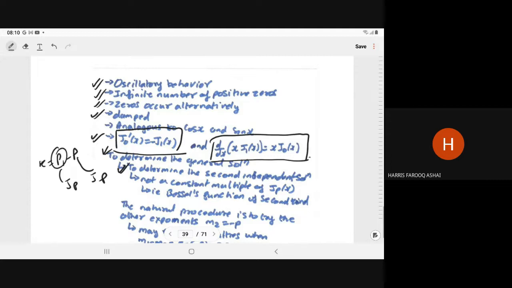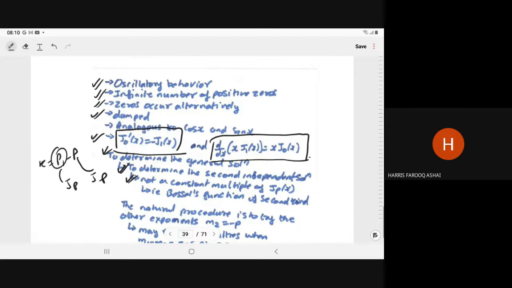That must not be a constant multiple of the first solution. Because c1 times a solution is always a solution, but that will not be a linearly independent solution, right? So that must not be a constant multiple of Jp, because Jp is the first solution.